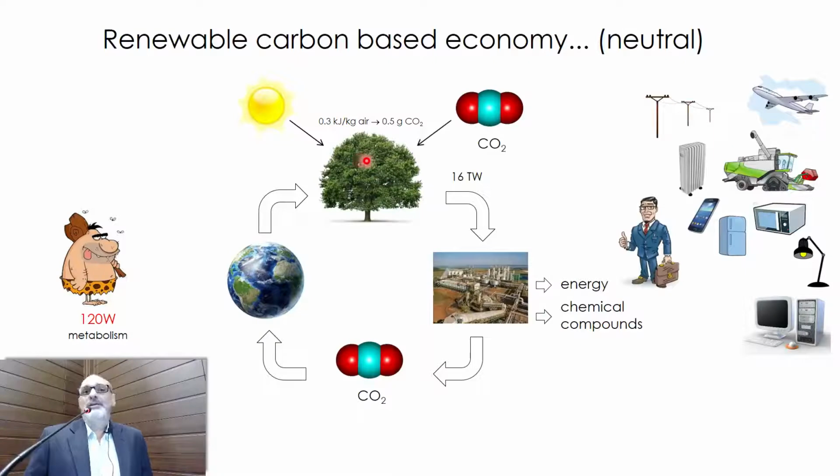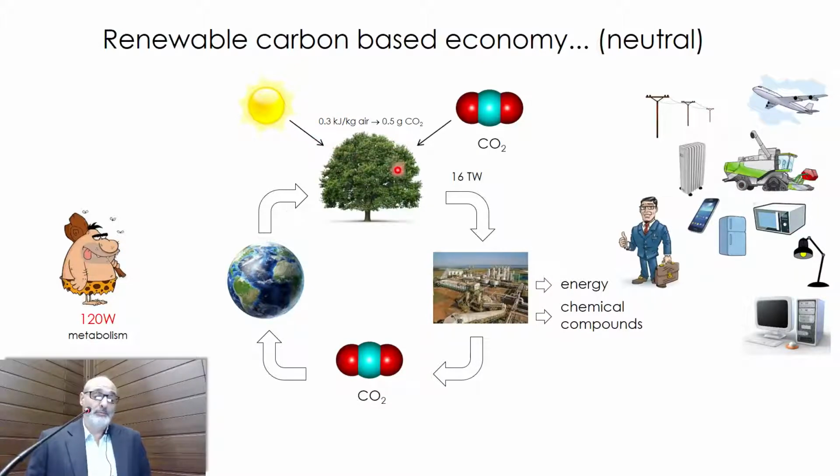The energy necessary for this comes from the sun. Roughly speaking, 0.3 kilojoules. If you want to capture half a gram of CO2, you need 0.3 kilojoules. Okay, this is a very rough number, but it's correct.